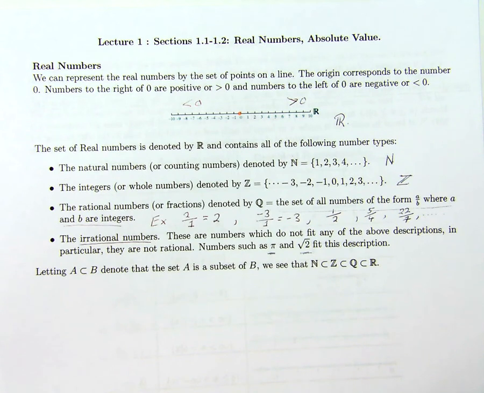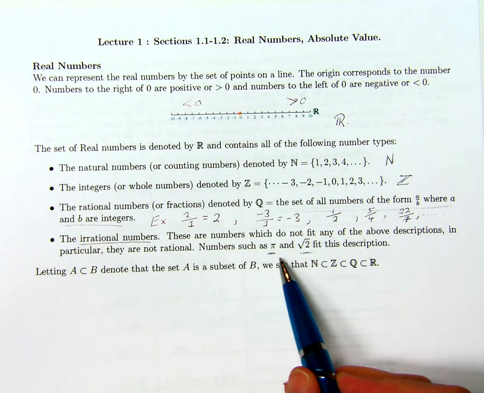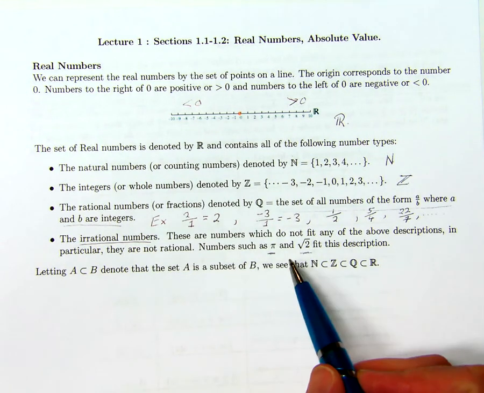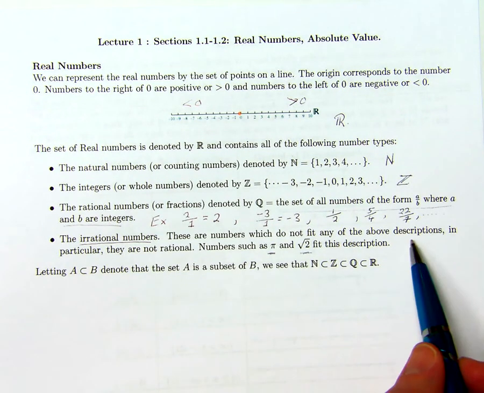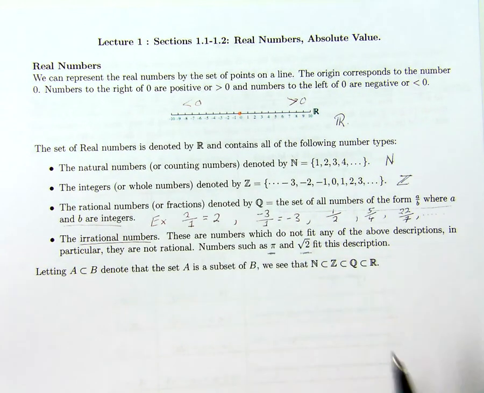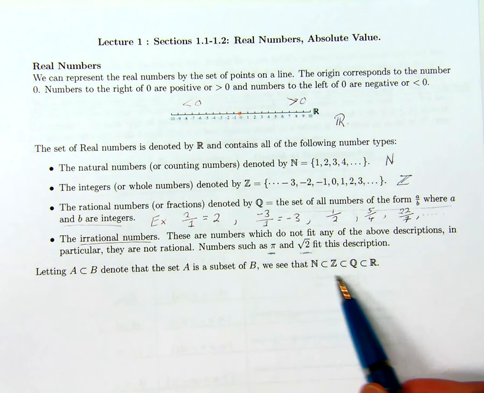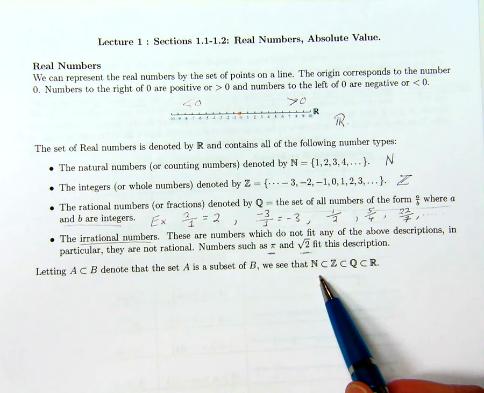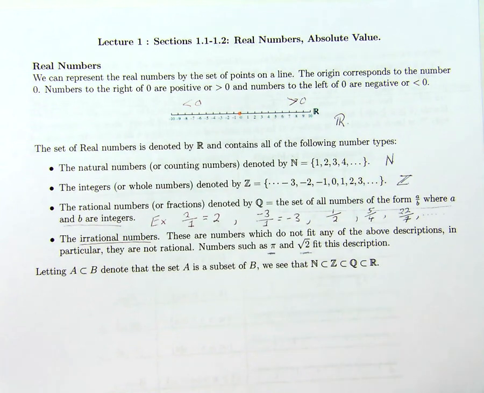And there are not just 2, there are many, many more irrational numbers. So the set of real numbers is much bigger than the set of rational numbers. So this is the order in which the sets lie inside each other.